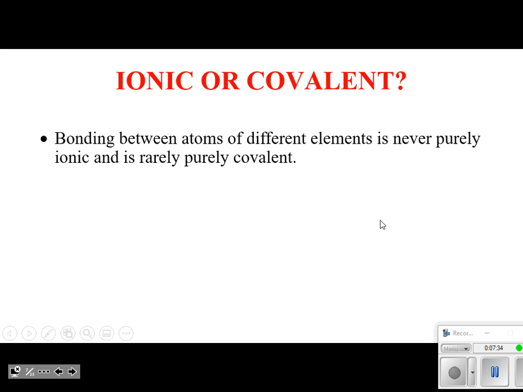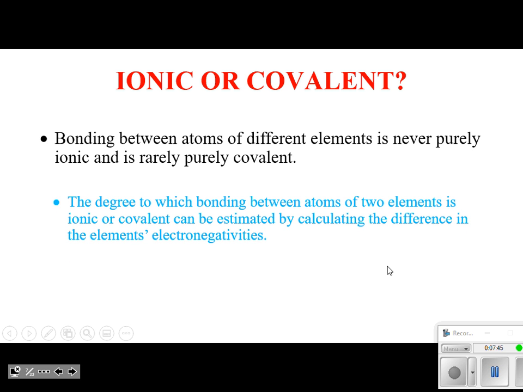So, rarely do we have purely covalent, and we never have purely ionic. It's a combination, so to speak, of the two different types of bonding. The degree to which bonding between atoms of two elements is ionic or covalent can be estimated by using electronegativities.